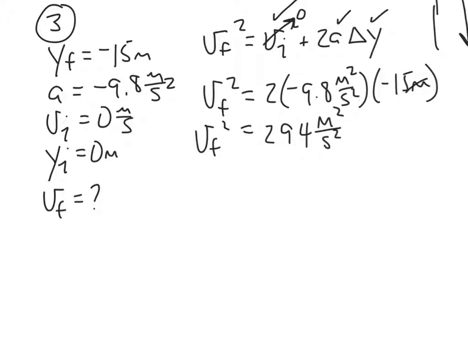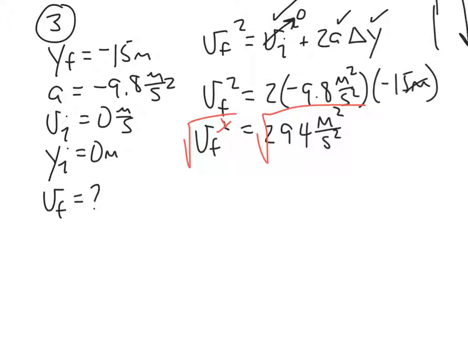Now, don't forget, we have the square here. I'm not asking you what the answer is in terms of its square. I want velocity final without that square up there. So to get rid of it, we've got to take the square root of both sides. That's going to get rid of this one here.